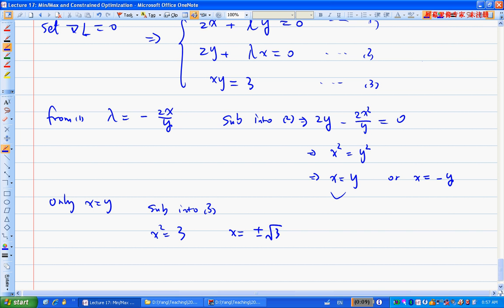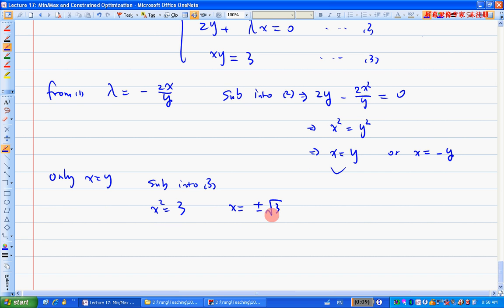When x is positive root 3, y is root 3. When x is negative root 3, y is negative root 3. So we have 2 critical points, or 2 minimum points, basically.